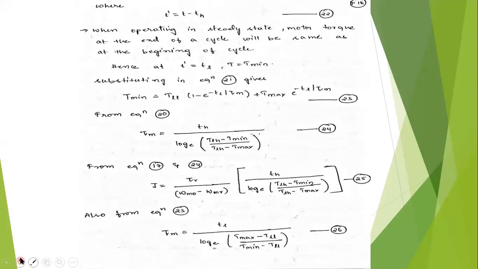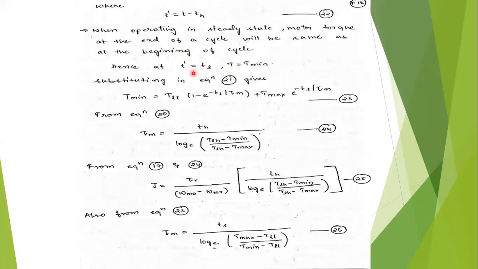We are assuming that when operating in steady state, the torque at the end of the cycle will be the same as at the beginning of the cycle, right? Hence T dash will be equal to TL, the load torque, and T will be equal to T minimum.